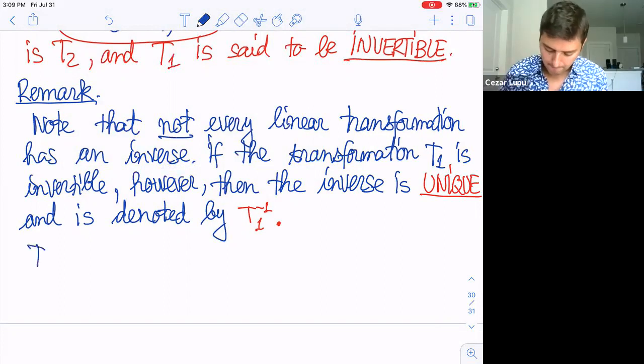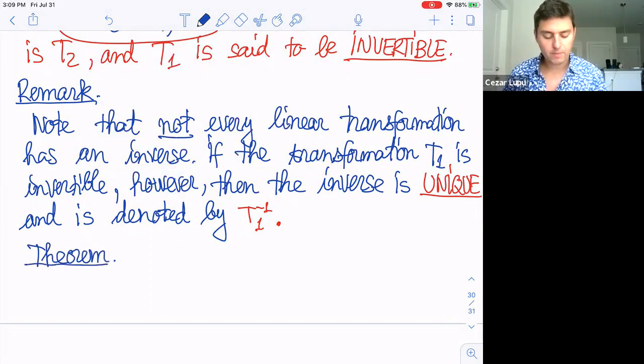We'll see how this theorem relates the fact that the linear transformation is invertible if we know that it is an isomorphism, and if we prove that T is invertible, how we can find the standard matrix for the inverse of the linear transformation.